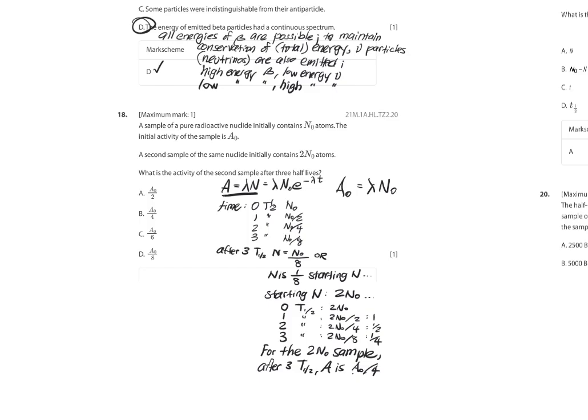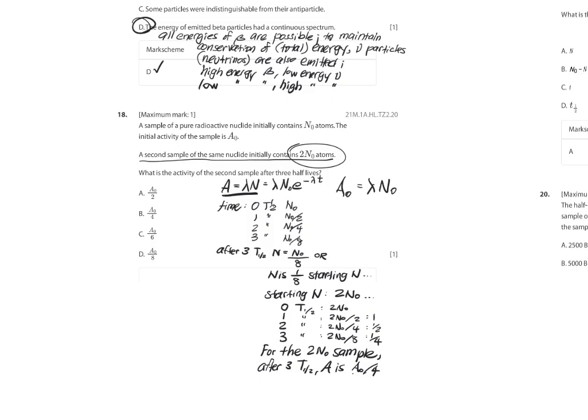But they're not asking about the original sample of n naught. They're talking about the second sample, which has 2 n naught. So then after 1 half-life, half of 2 is 1. After 2 half-lives, half of 1 is a half. And after 3 half-lives, half of a half is a quarter.